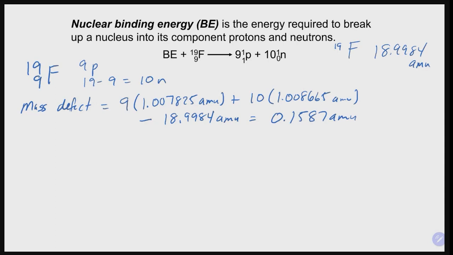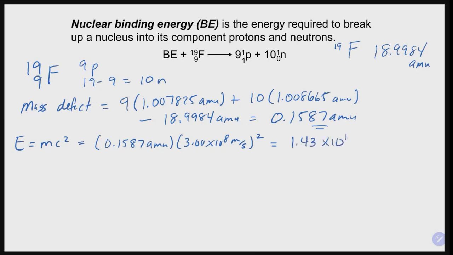And again, at this point, you have a couple of things you could do. You could use E is equal to mc squared. And if we did that, our mass would be our mass defect in this case. This gives you 0.1587 AMU times 3 times 10 to the 8 meters per second, and that's going to be squared. If we do that, we will end up with 1.43 times 10 to the 16.